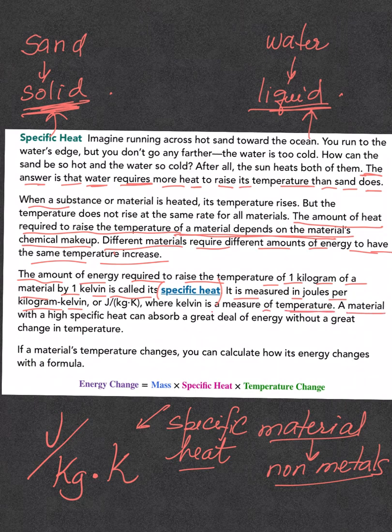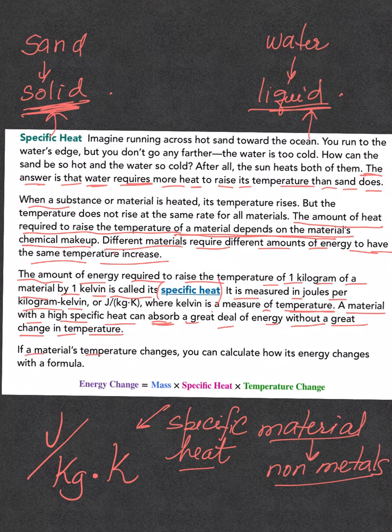A material with a high specific heat can absorb or gain a great deal of energy without a great change in temperature. I'm going to say that in my own words. If you have a material with a high specific heat, you are going to need more energy to increase the temperature of that material.